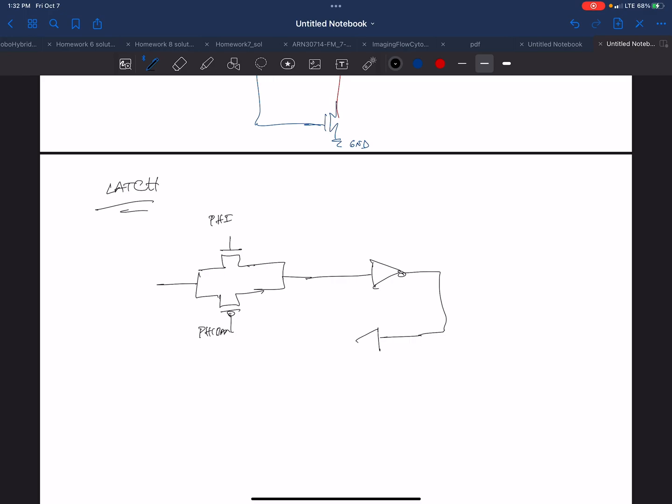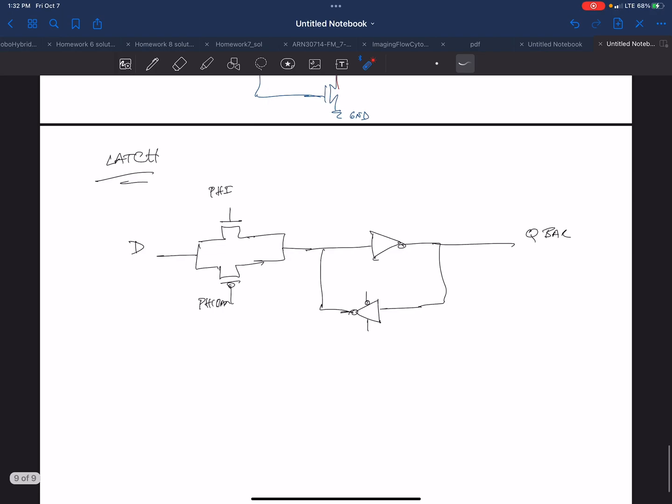So basically on the input of the latch, we had this guy. And now on the feedback part of the latch, we use this. So this is Q bar, and this is D. Now the question is, what do I put here and here? And why do I have this? Okay, so first look at the case where the latch is holding its previous value.